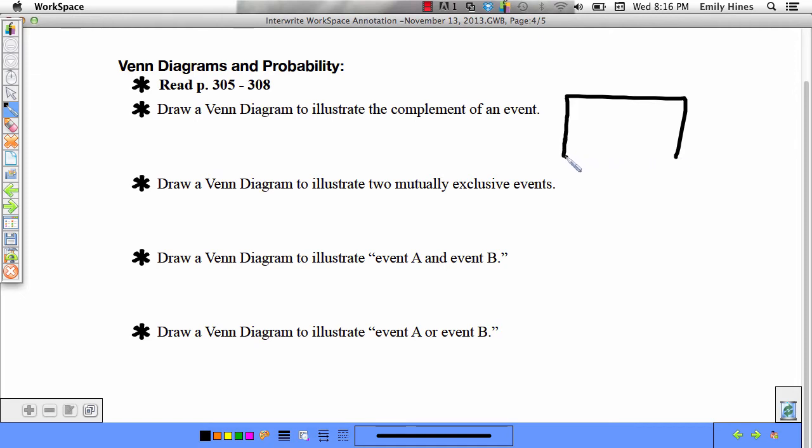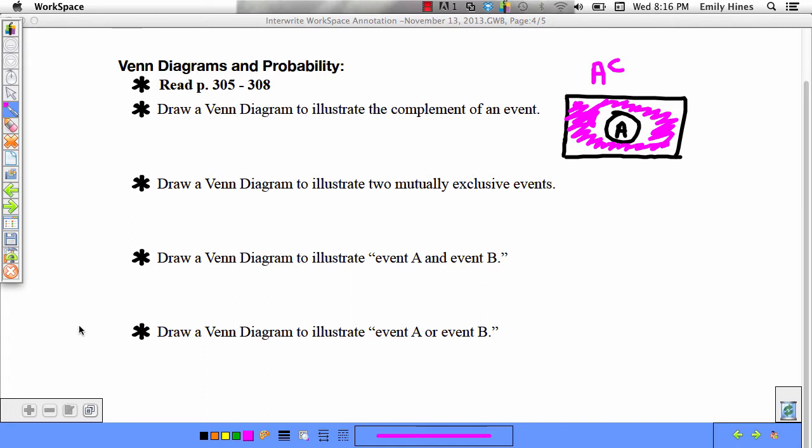Okay, if I want to use a Venn diagram to display the complement of event, let's say that what's inside my circle here is A, then the complement of that is everything except what is in my circle. Okay, that would be the complement, because the complement means not A. So if A is represented by the things in the circle, then not A would be everything around the circle.